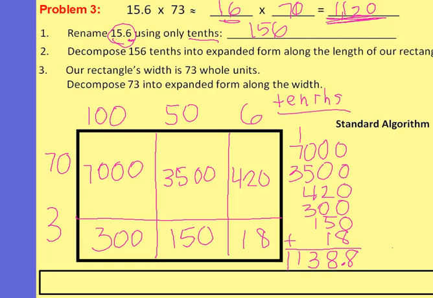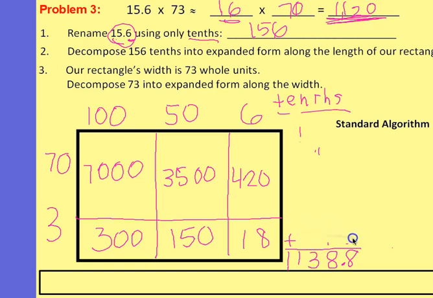So that's pretty close. Now let's take a look at this through standard algorithm. And I'm going to need to make some room here, so I am going to get rid of my work here, but I'll leave the answer at the bottom and I'll change colors so that we can tell the difference. So now I'm going to have my 15 and 6/10 times 73.